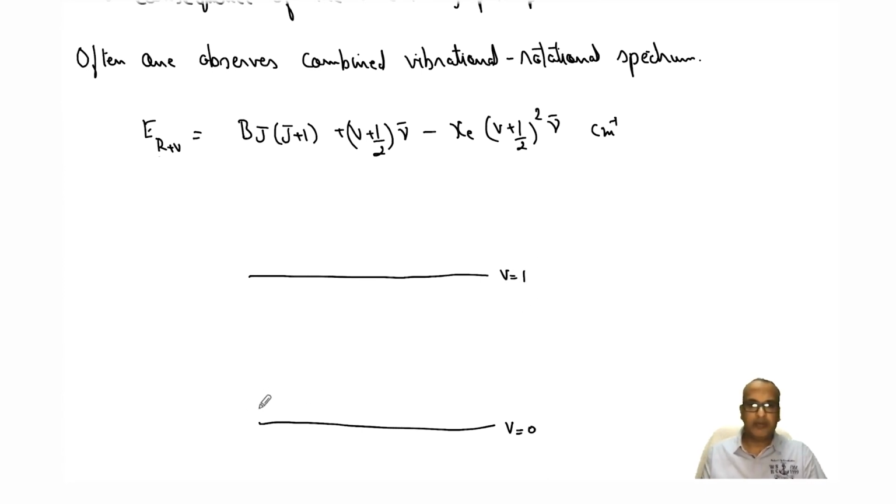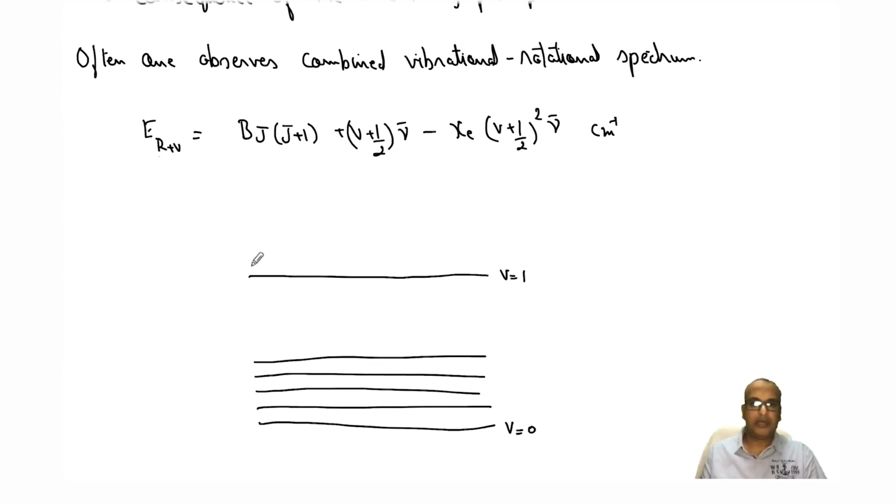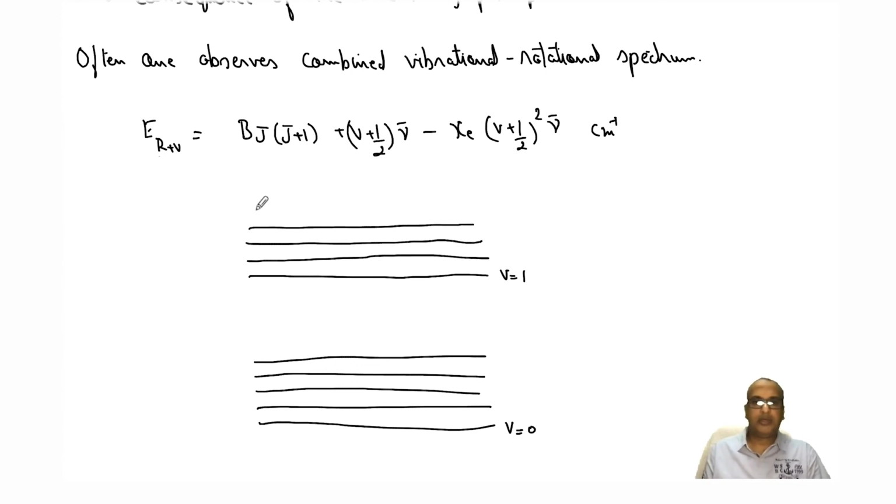At each V I will have different J levels: 0, 1, 2, 3, 4, and again 0, 1, 2, 3, 4.